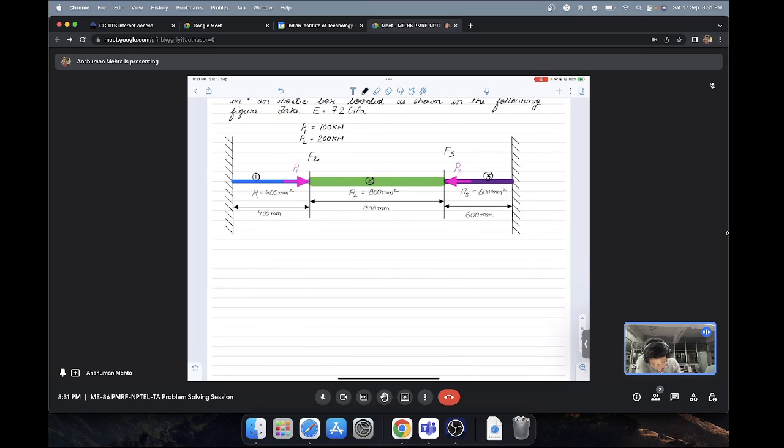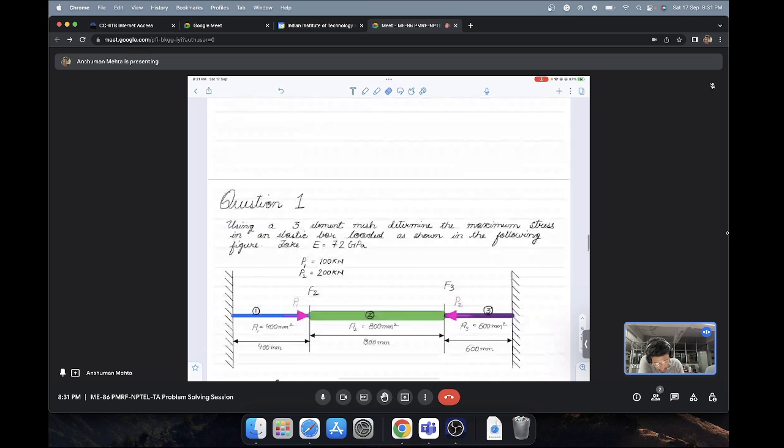Okay, so we already know the axial K equivalent of an element. Now first we will define what an element is. So the element is this.